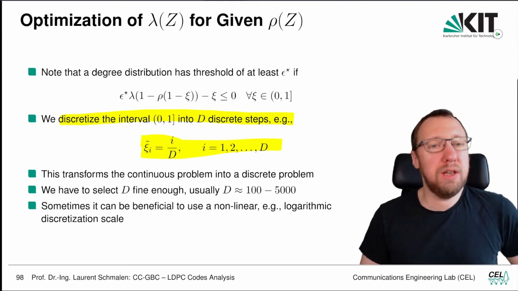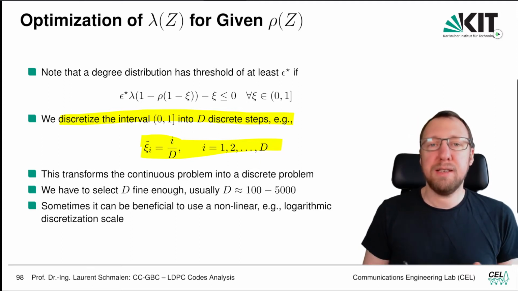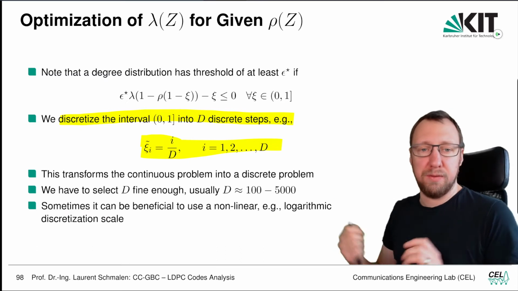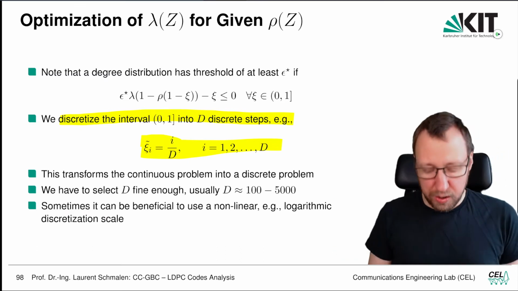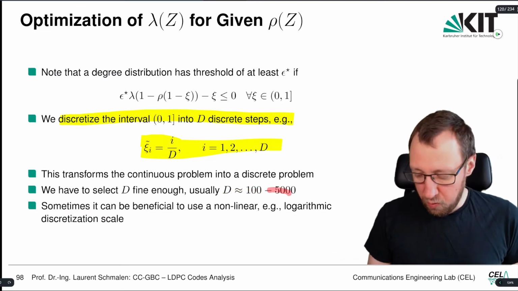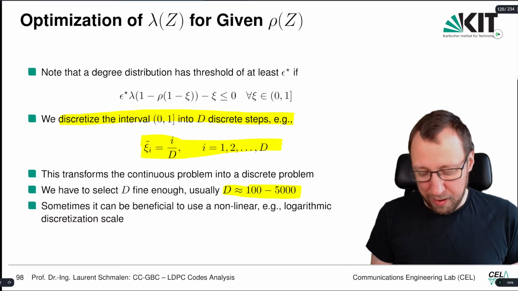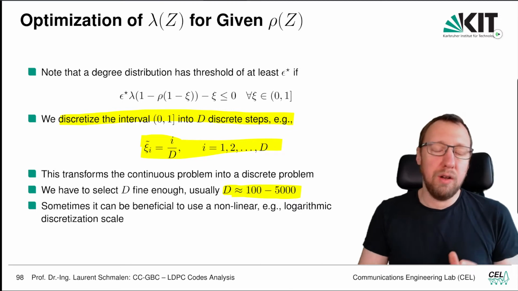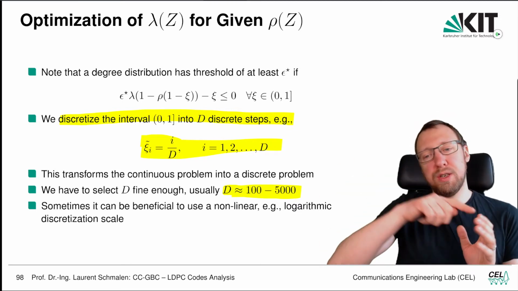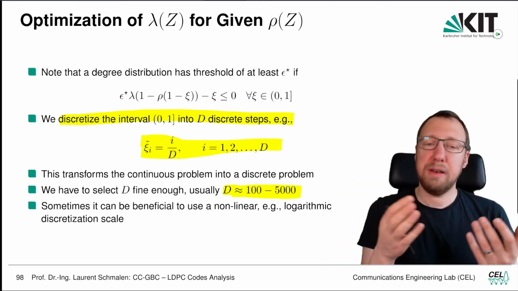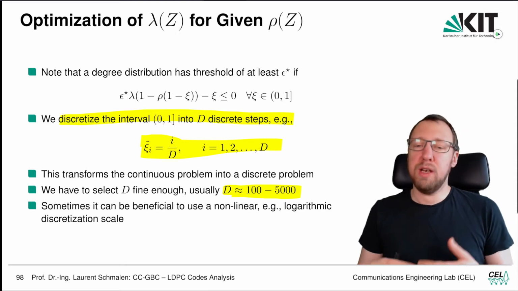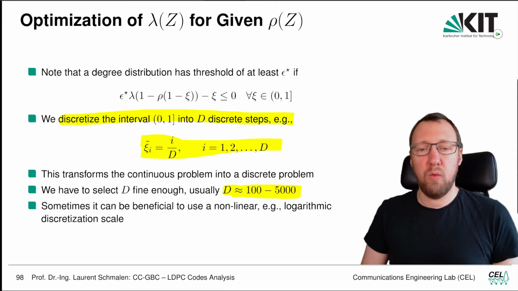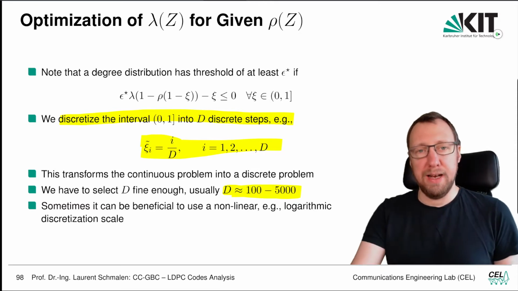And we just need to be careful that we select D sufficiently fine in order to miss no fast changes of this function. So a good choice is some D between, say, 100 and 5,000. And we saw that many of these changes happen for small xi, so it can also be beneficial to use a logarithmic discretization scale, for instance, but we are happy with a linear scale.